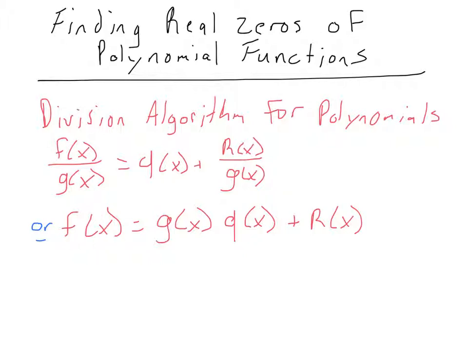So if we find a polynomial g of x that divides f of x evenly, meaning there's no remainder, then we know that f of x can be factored as a product of the divisor g of x that we picked and whatever the quotient is after we divide that out. And so we can use division to help us factor polynomials. That's going to be big.